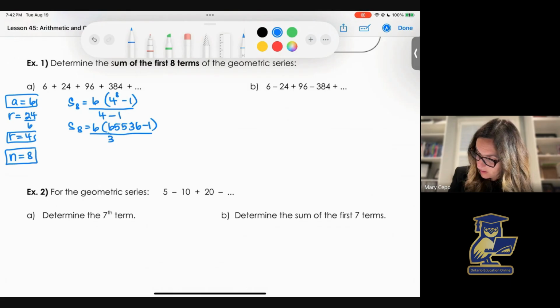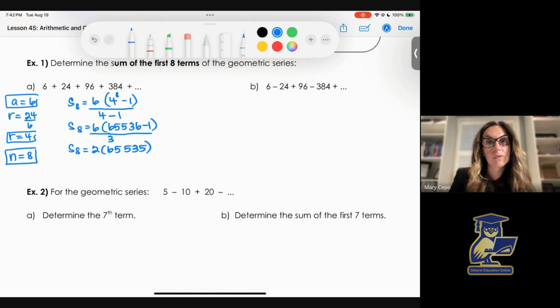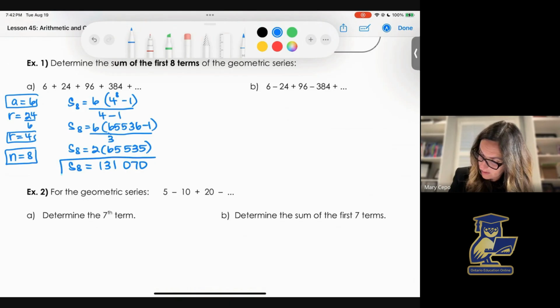Now we can reduce this. So 6 divided by 3, we know can be simplified to 2, working in the brackets. Subtract 1 would be 65,535. I'm multiplying that by 2. The sum of the first 8 terms of the geometric series would be 131,070.